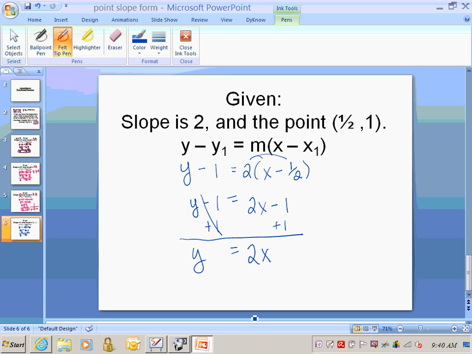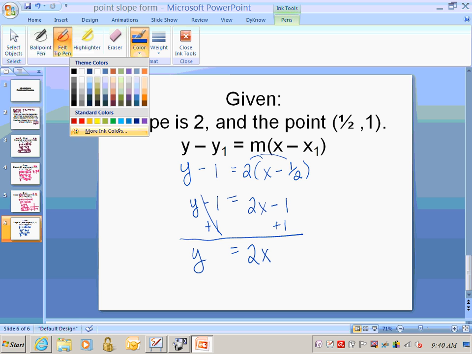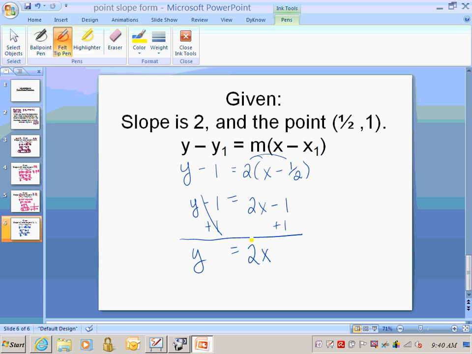Right? Now I want you to pay attention to something. This 2, this slope, right? mx plus b. So my m is 2. What was my m here? 2. Your slope's going to come out the same. Okay? It's just we're putting it in a different form.